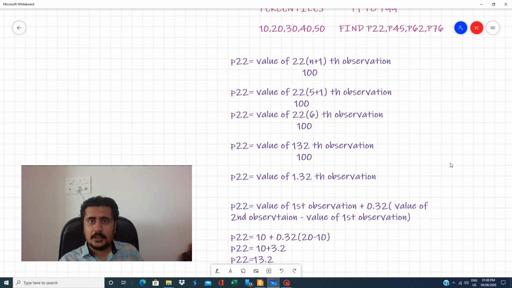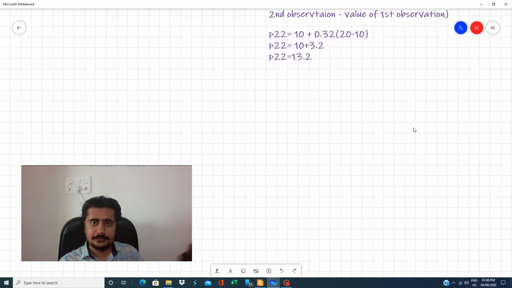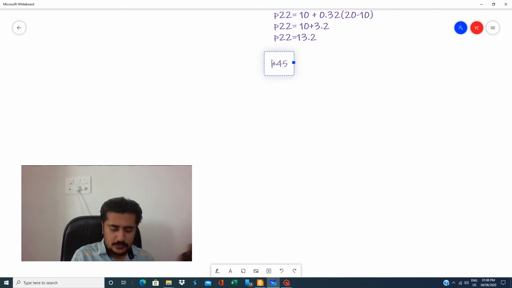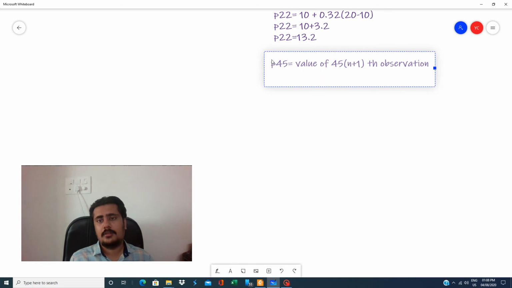After P22, what I need to find? I need to find P45. No worries, let's find P45. So what is P45? It's value of 45 into n plus 1 upon 100th observation.